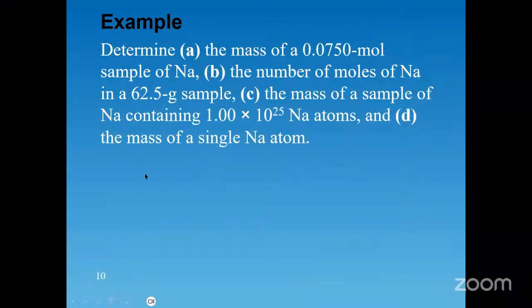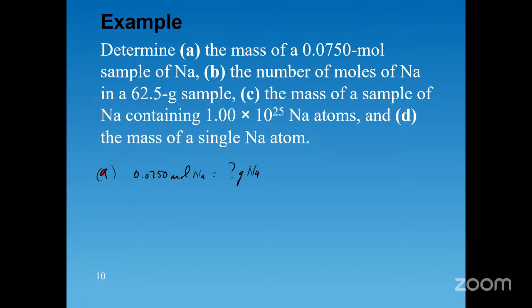Okay, so for A, the question gives you 0.0750 moles of sodium, and you're asked to determine the mass, presumably grams, of sodium, right?